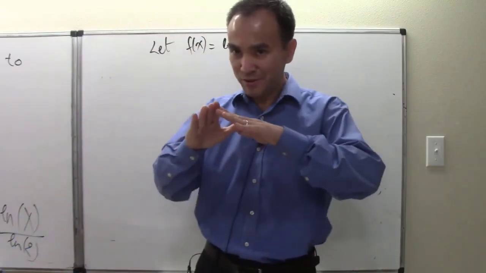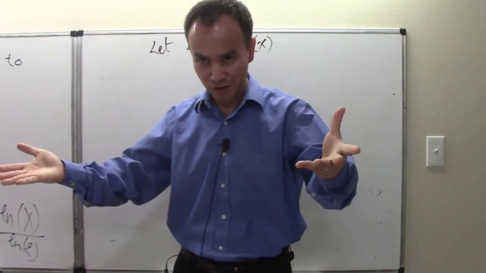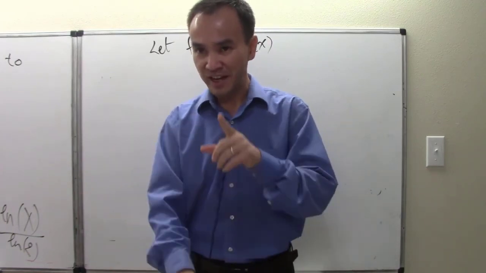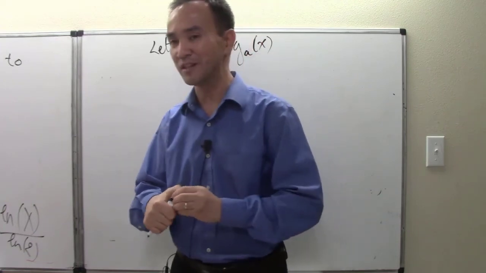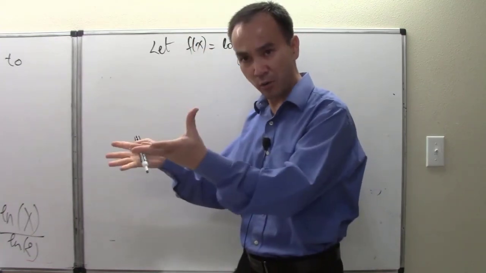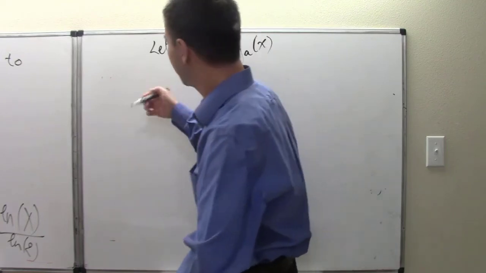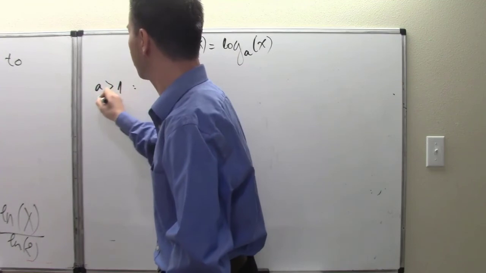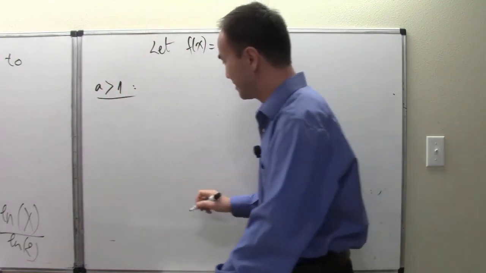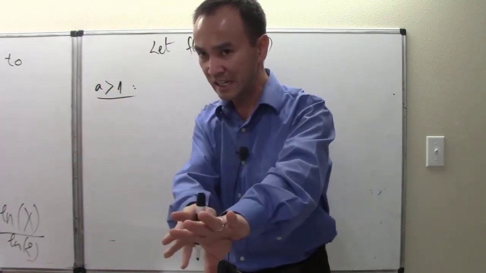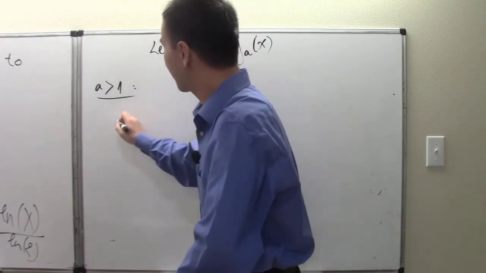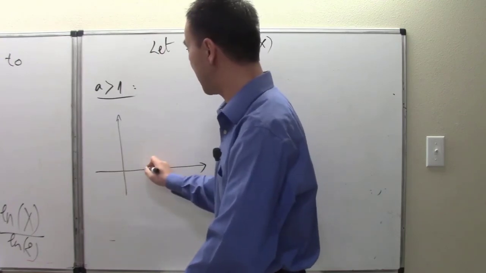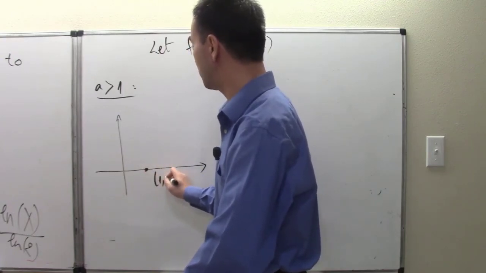So after investigating 6 of those logarithm functions, where I focused on the base being a value greater than 1, so of course positive, what have we seen generally when a is greater than 1? At this point, when I leave the machines out, all that caught my attention about the graph is that it has an intercept at (1, 0).